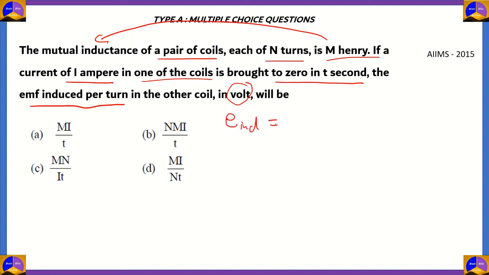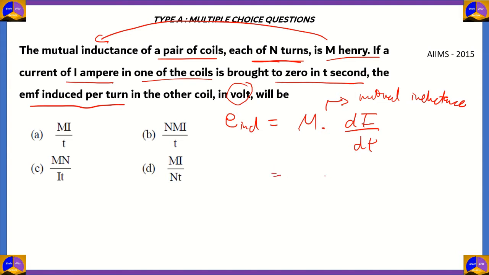Induced EMF can be written as M times di by dt, where M stands for mutual inductance. And in this question, we have number of turns as n and the mutual inductance as M Henry. So the current is brought from I to 0 in t seconds.